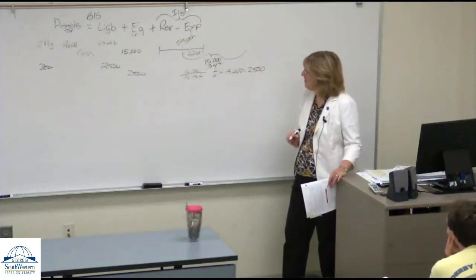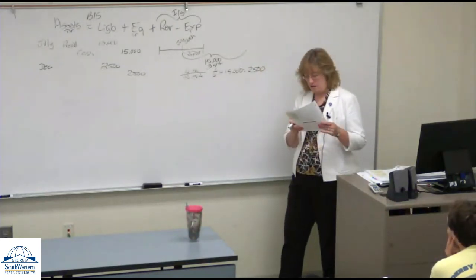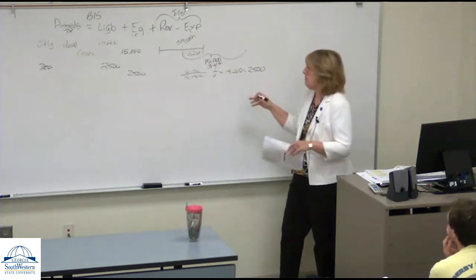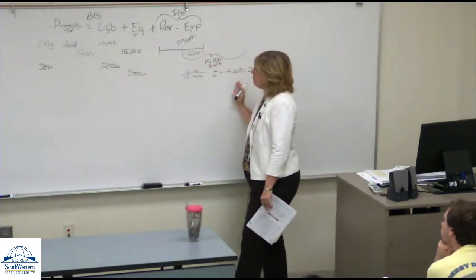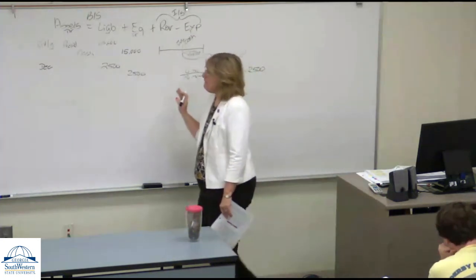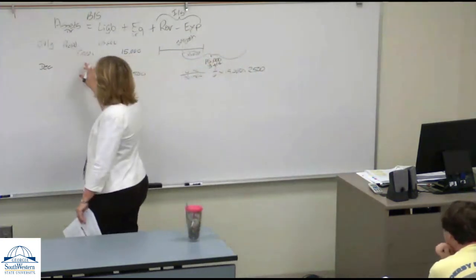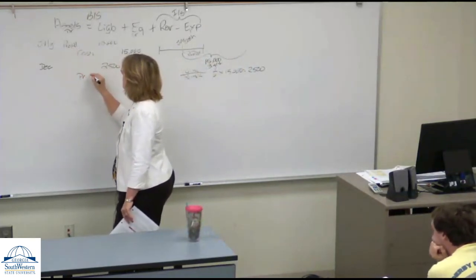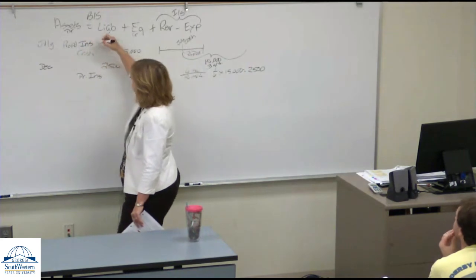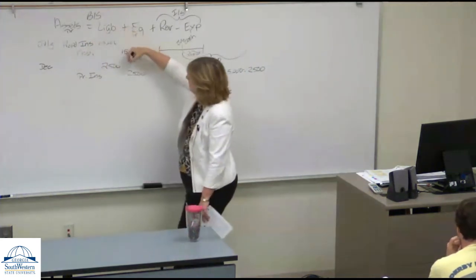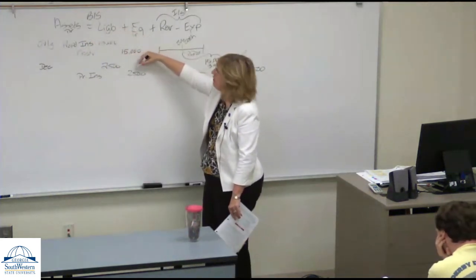That doesn't sound right. 2,500? Is it? Okay, gotcha. All right, so 2,500. Then what are we going to debit and credit? Expense. We want to get rid of part of our prepaid insurance right here. We put in 15,000, we're reducing it by 2,500.